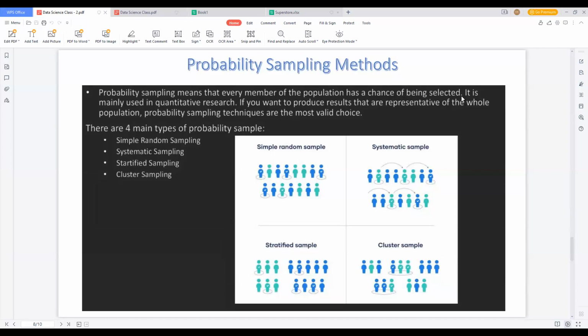Here there is a chance of winning for both head and tail. How much is the chance? 50%.